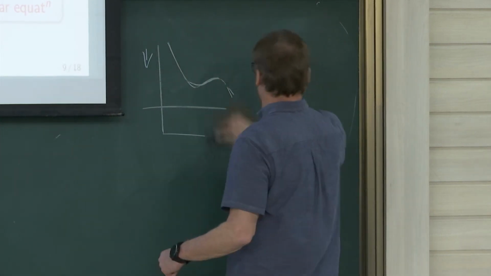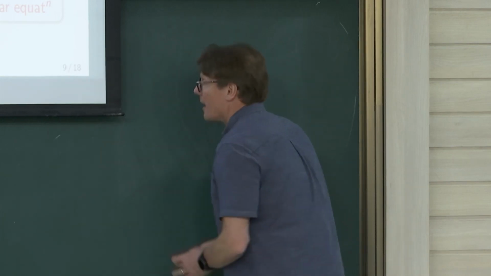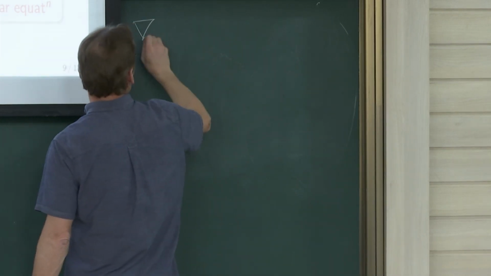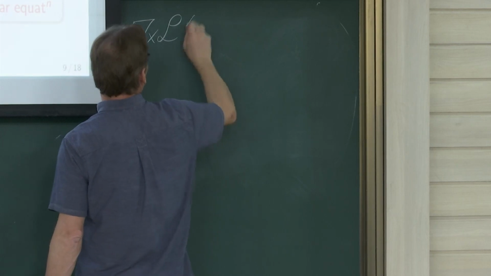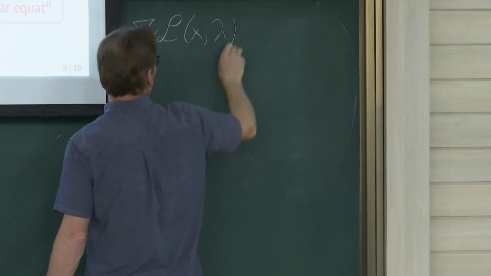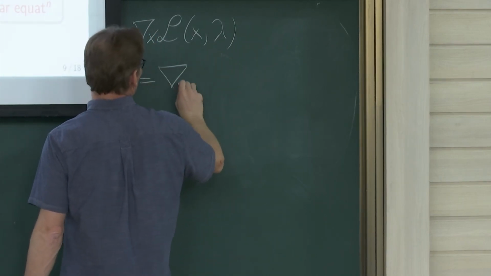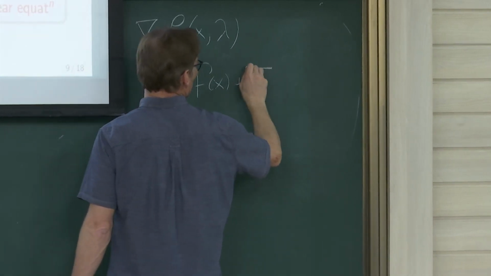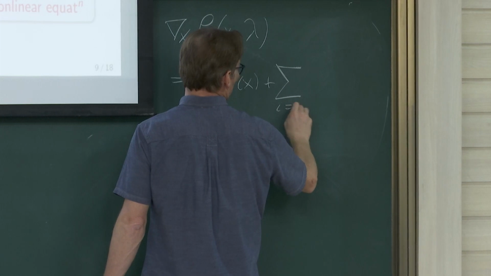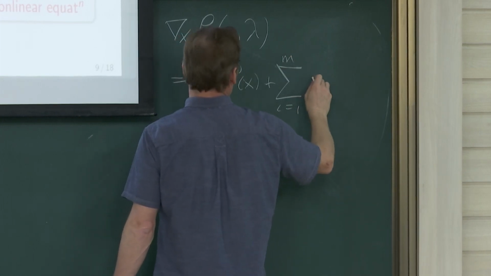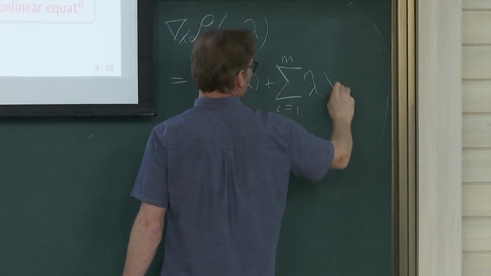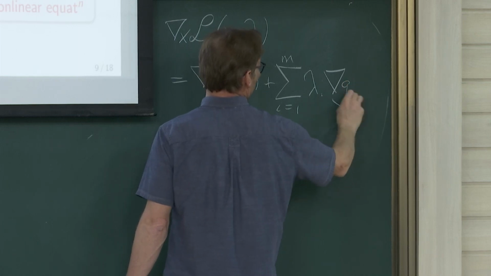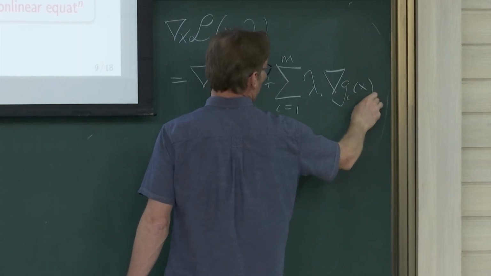It basically says that I can write the gradient with respect to x of my Lagrangian, that's the gradient with respect to x of my objective function plus the sum of lambda i times the gradient of all g i of x.